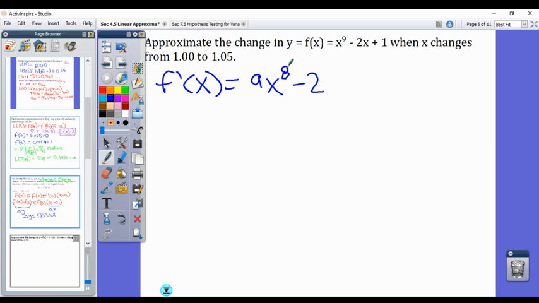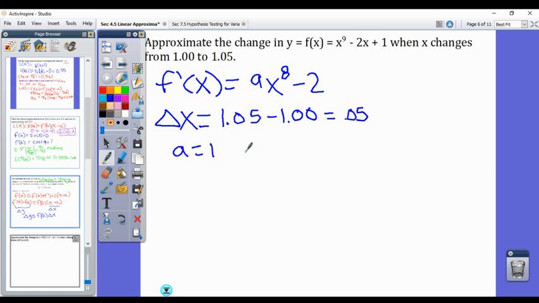Okay. All right, now we need to figure out what the change in x is. So you're always going to use the second value and subtract the first value from it, because you need to make note if it's getting bigger or smaller. Okay, so my change in x is 0.05. All right, and in this case, my a is 1, because that's where my x started.